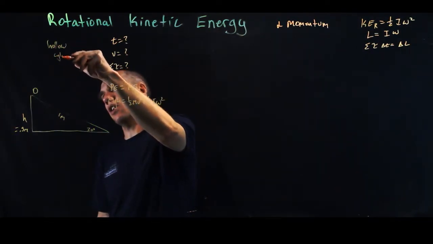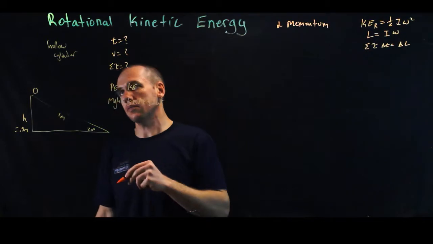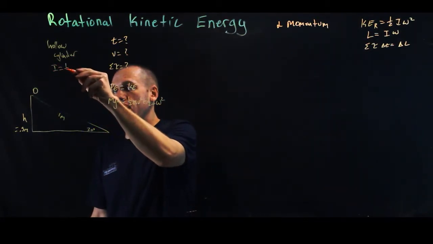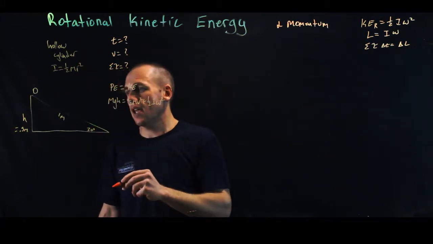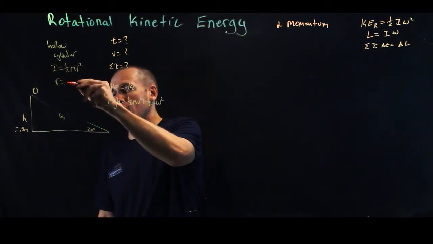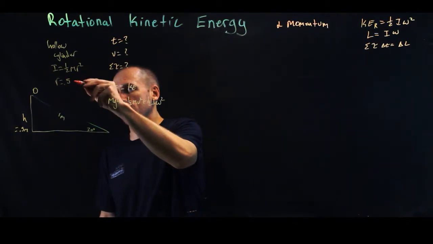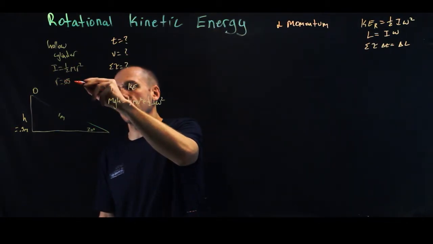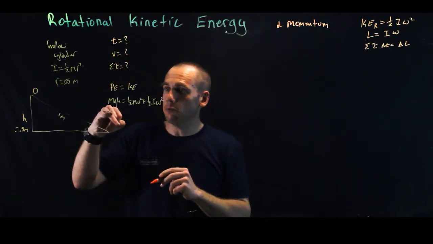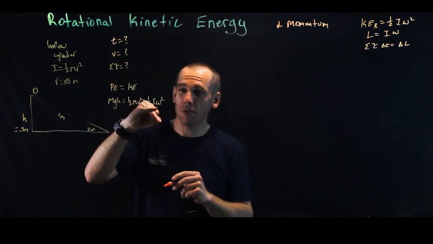And so when we have a hollow cylinder, the moment of inertia is given by 1/2 mr squared. And we'll go ahead and say the radius of that thing is 0.05 meters.